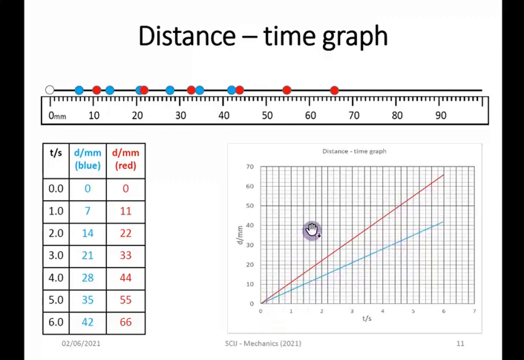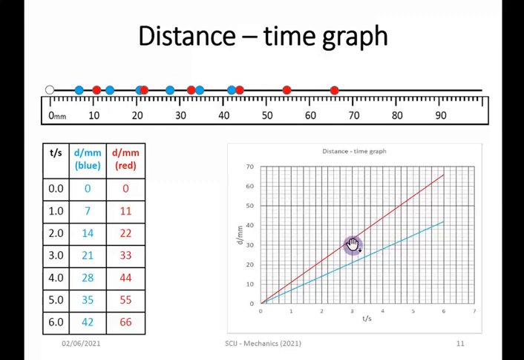So the steeper it becomes, the greater the gradient, you see. And the gentler it becomes, the lesser the gradient. Is that okay? So clearly you can see that this gradient is lower than the gradient for the red particle.